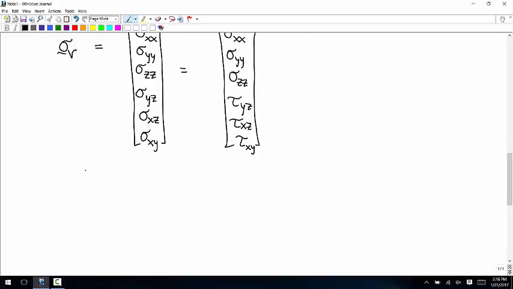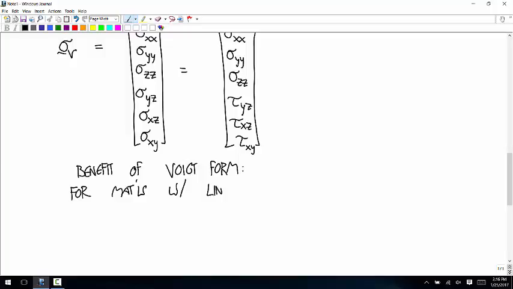And the benefit, the reason we'll use this Voigt form, is that for linear elastic materials, or in other words, for materials with a linear relationship between stress and strain, that's right, exactly.